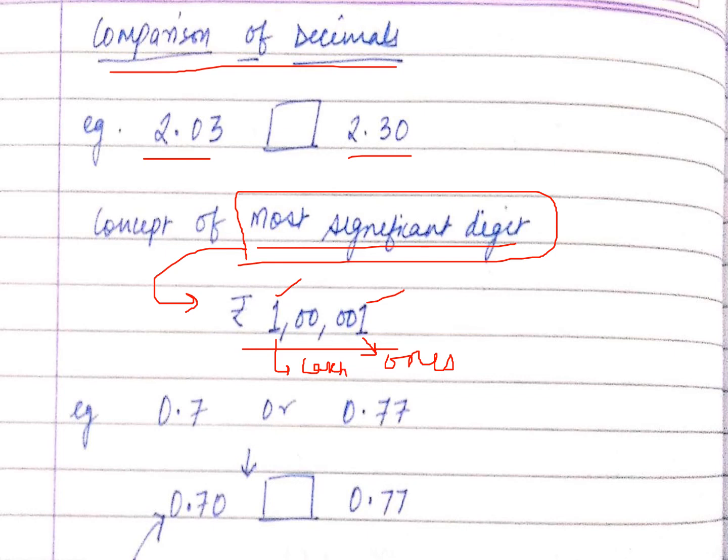So if I take this one from you, will you be affected much? No, because now you will have 1 lakh rupees. Only 1 rupee is gone. So you are happy. No issues there. But if I ask for this one from you, will that be the same thing?